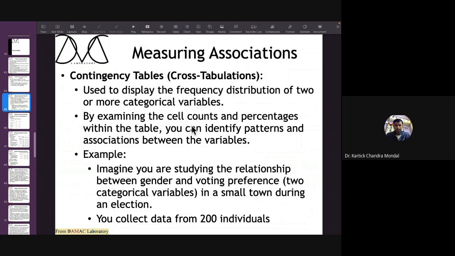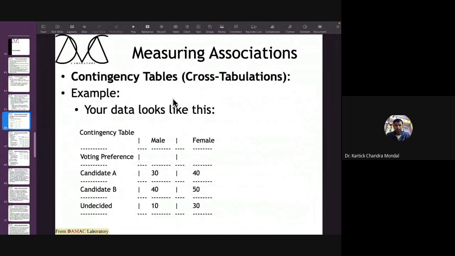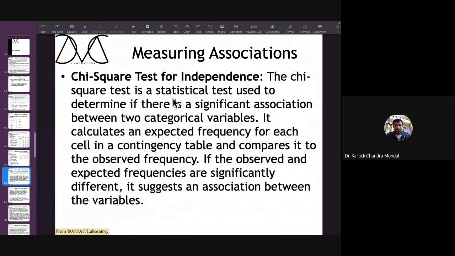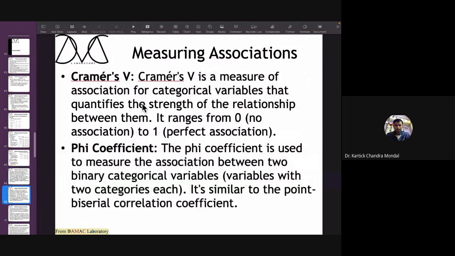To measure this association, we will mainly use in today's class the contingency table, which is also called cross tabulation. Another widely used method is the chi-square test for independence, and we will see how it is used for finding the association between two attributes.